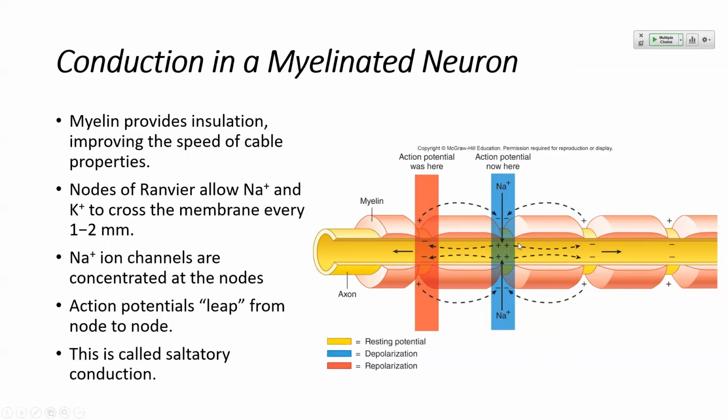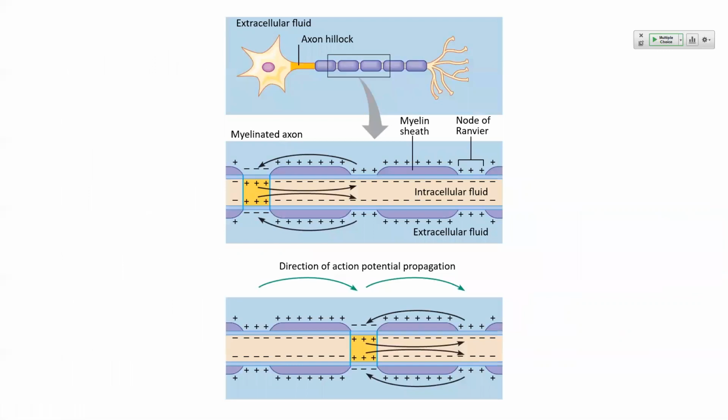This is called saltatory conduction. So we've got a heavy concentration of those voltage-gated sodium channels at that node of Ranvier, and we have myelin in between each of those nodes, which facilitates the jumping or leaping of the action potential. And we can see that better here, right?